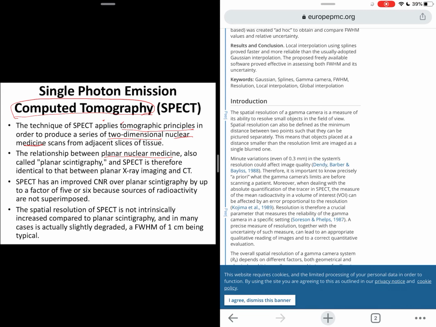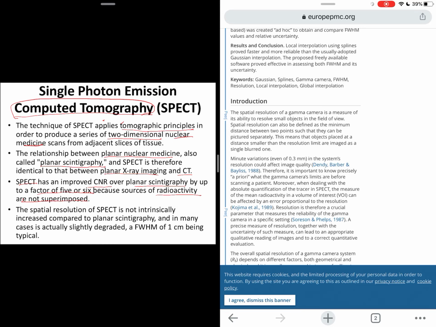There is a relationship between this and planar nuclear medicine, previously known as planar scintigraphy, as in chapter 4. It is very identical to planar X-ray imaging and computed tomography.